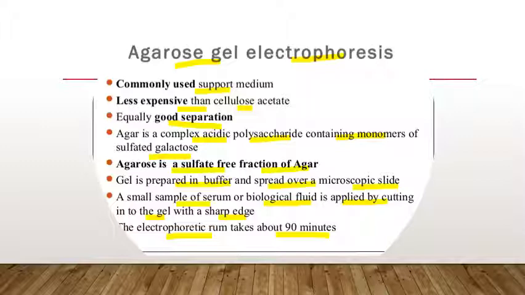The buffer solution also acts as the electrolyte in which we put our sample, and the gel, which is also prepared in the buffer, is spread over the microscopic slide. And how much time does the whole process require? That is 90 minutes to run over this supporting media.